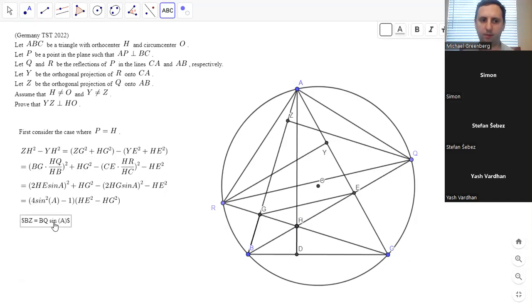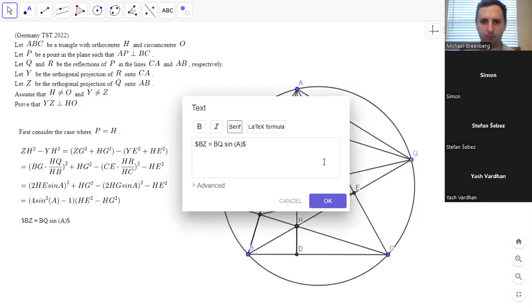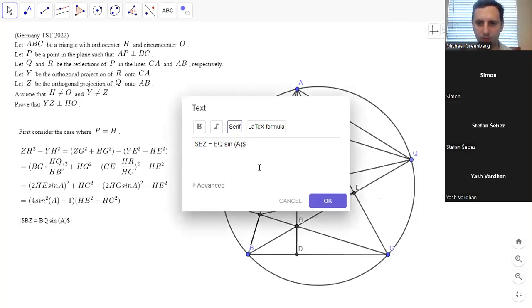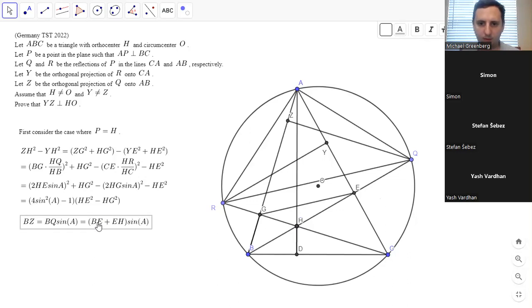And make this look better in a second. So that, and BQ is BE plus EH. BE sine A. So BE sine A is AB, right?